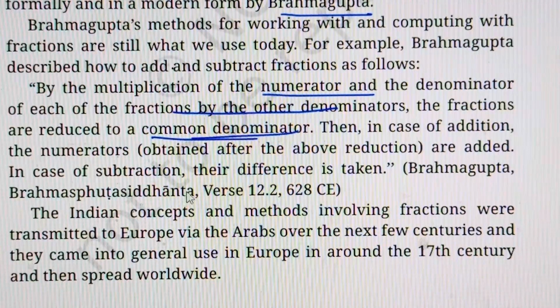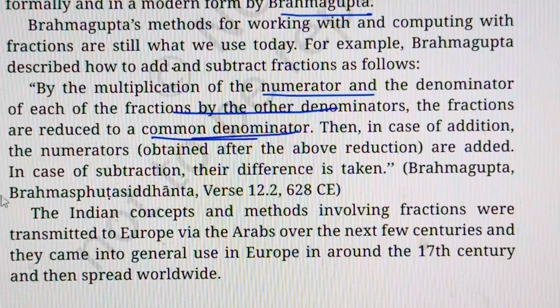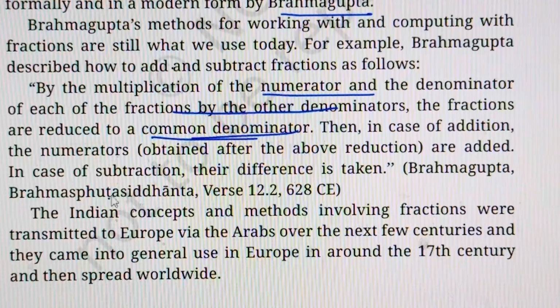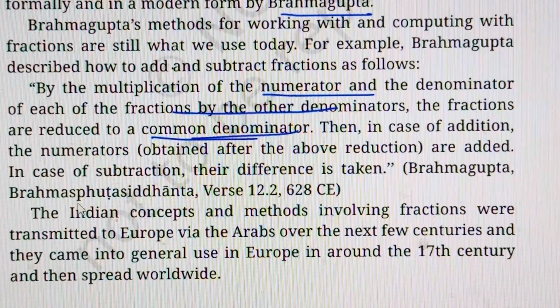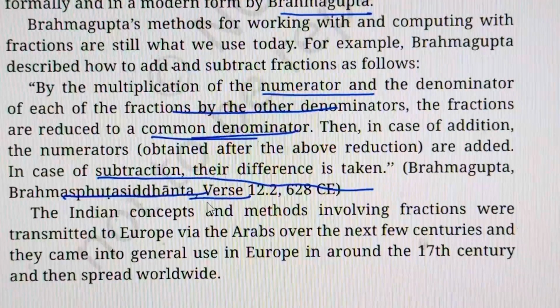In case the difference is taken, Brahmagupta's Brahmasphutasiddhanta has a verse, a sutra, for subtraction, where the difference is taken.